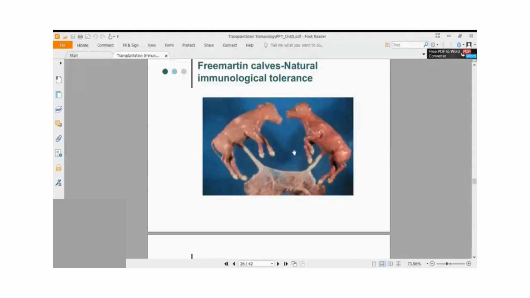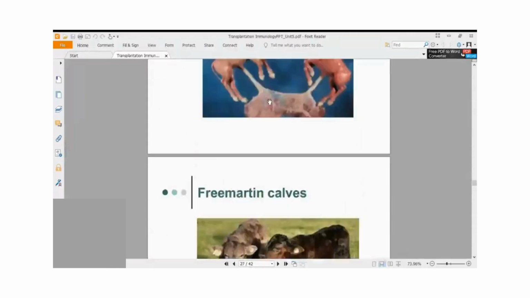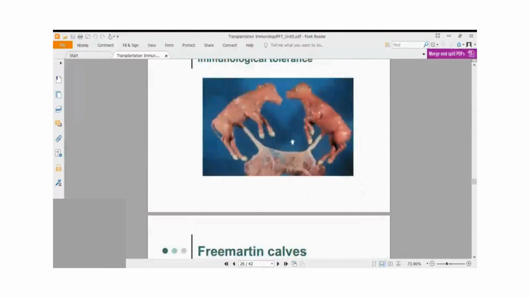During the process of development itself, they were exposed to the antigens of both of them, so that they develop tolerance to each other. That is what I'm saying here. Color is different, that shows that they are dizygotic, and they can exchange the graft. Why? Because they are free martins, because they were developing like this.